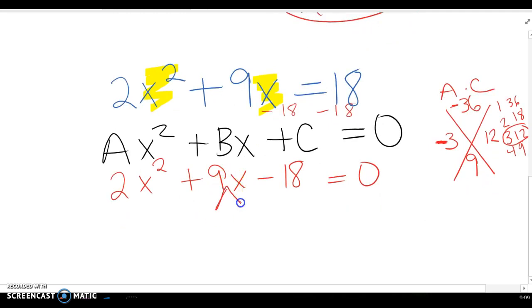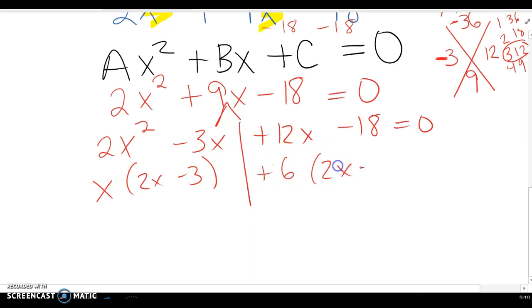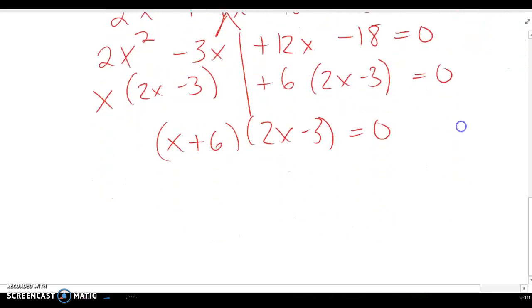We would then separate the middle term, 2x squared minus 3x plus 12x minus 18 equals 0, so that we can factor by grouping. x times 2x minus 3, positive 6 times 2x minus 3. So we get x plus 6 times 2x minus 3 equals 0.